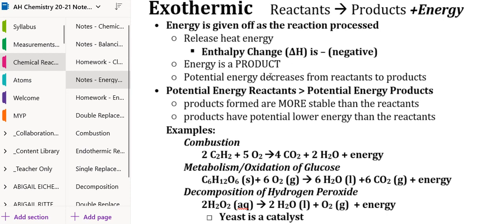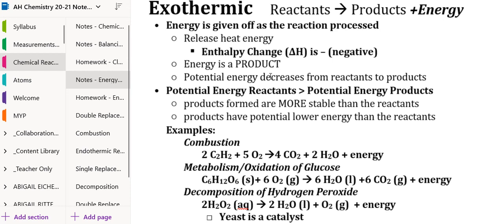It decreases. So who's more stable, the reactants or the products? Products. Products have lower potential energy, so they're more stable. So some examples of exothermic reactions. We've got combustion. Combustion gives off energy. Metabolism of glucose or oxidation of glucose, and also decomposition of hydrogen peroxide.